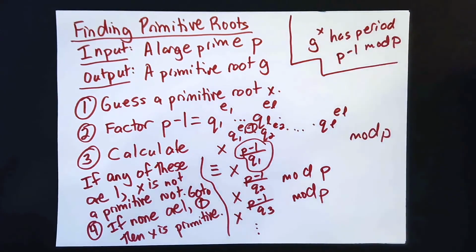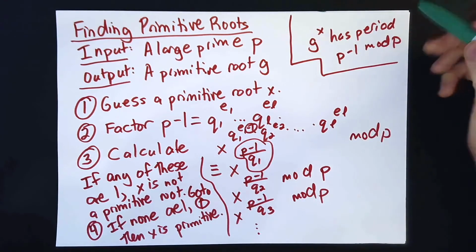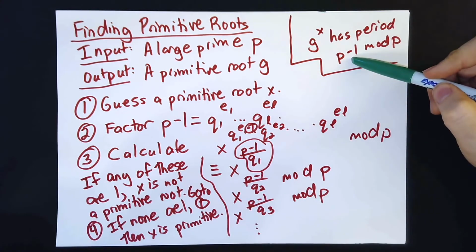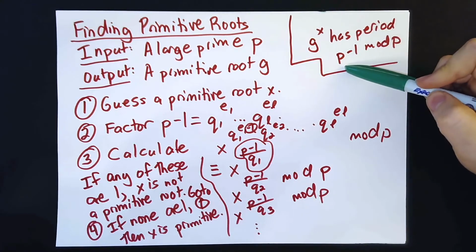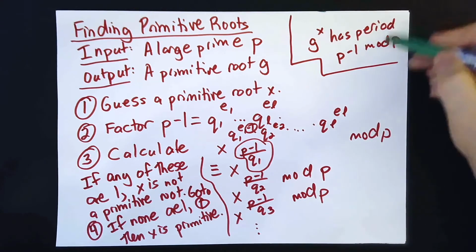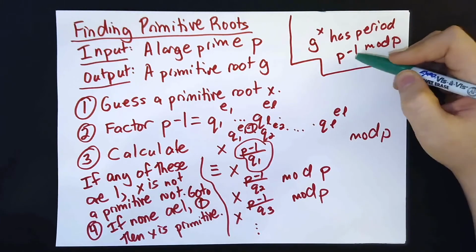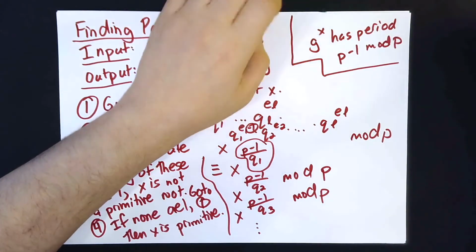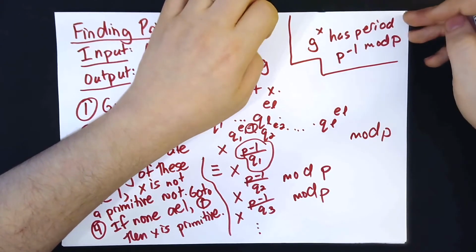But remember what Fermat's little theorem tells us is that this period always divides p minus 1. So it might not be p minus 1, but it always divides p minus 1. So to show that g is primitive, all I have to show is, in fact, that g to every proper divisor of p minus 1 is not 1.